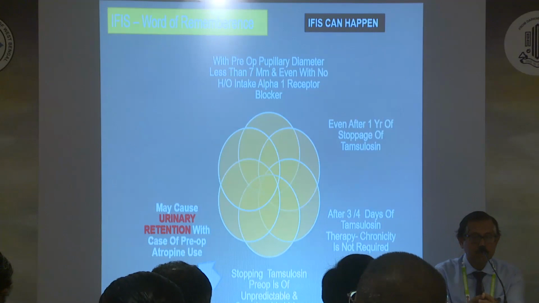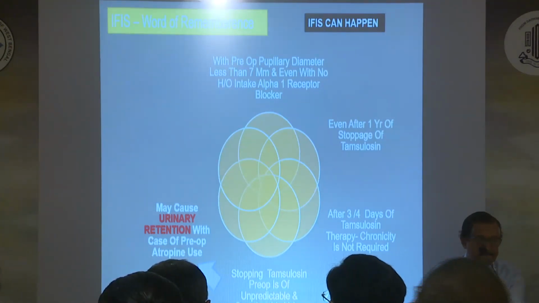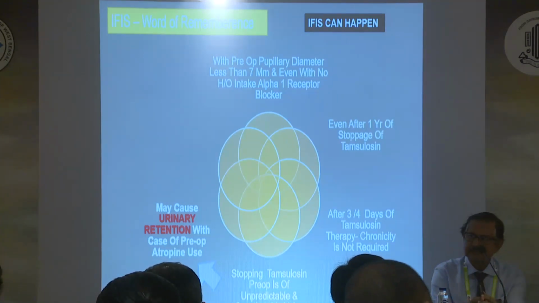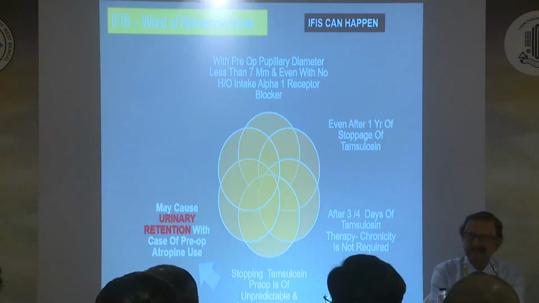It is important to know that even with a pupil diameter of less than 7 millimeter, even with no history of intake of alpha-1 receptor blocker, IFIS can happen. It can even happen after 1 year of stoppage, or even 3 to 4 days after starting the therapy, and stopping doesn't always help. It may also cause some hindrance in the form of urinary retention with preoperative atropine use.